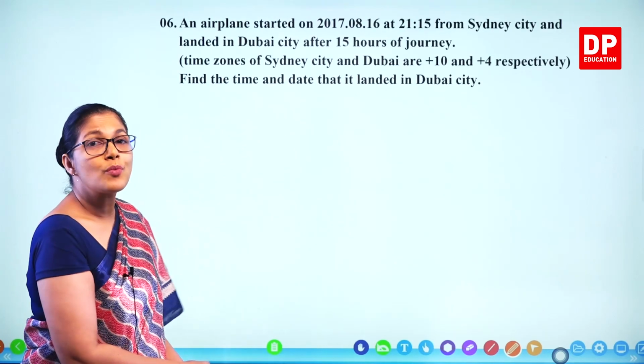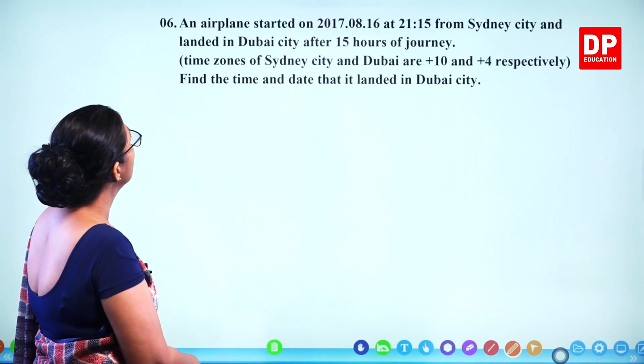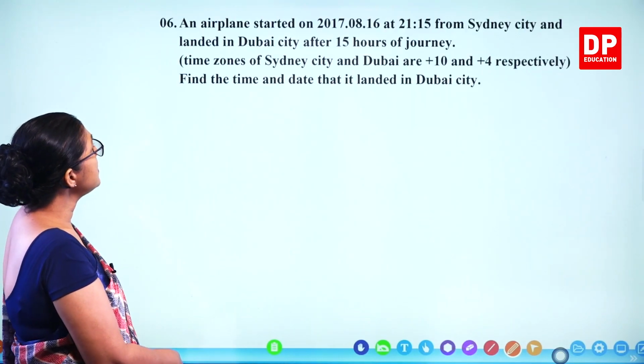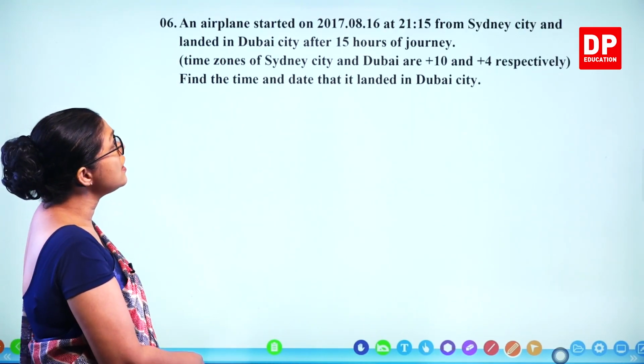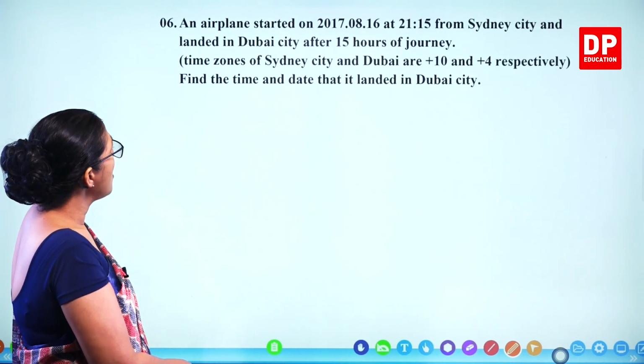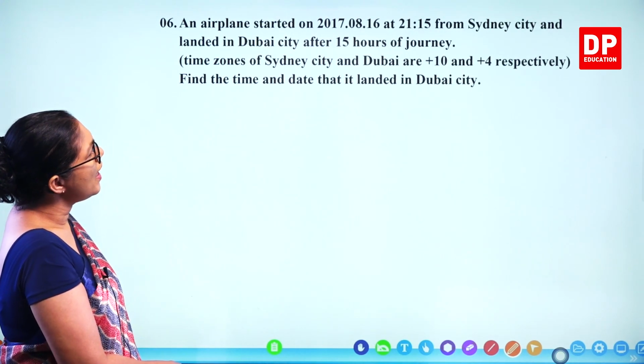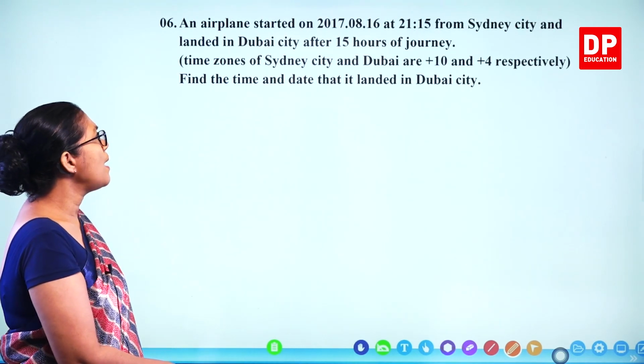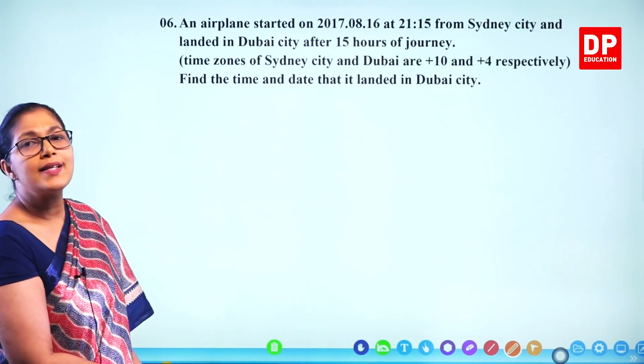Let's take the last question in this paper. An aeroplane started on 2017-8-16 at 21:15 from Sydney City and landed in Dubai City after 15 hours of journey. Time zones of Sydney City and Dubai are +10 and +4 respectively. Find the time and date that it landed in Dubai City.